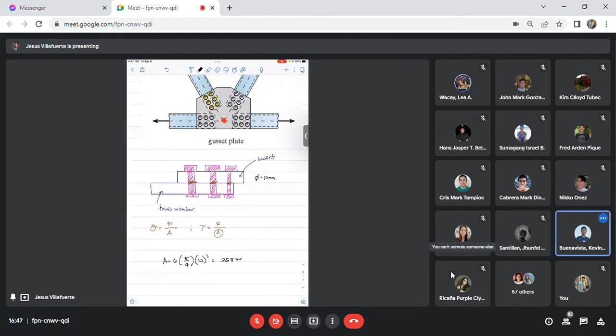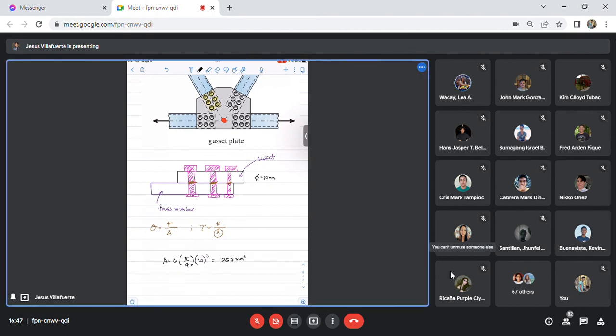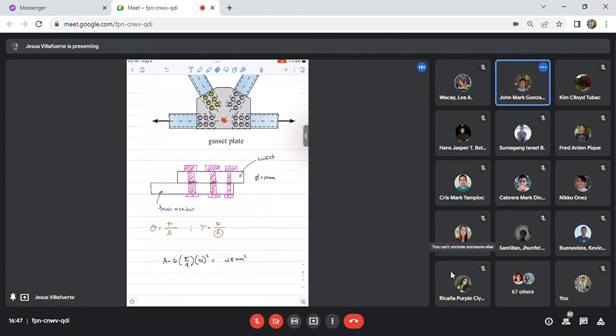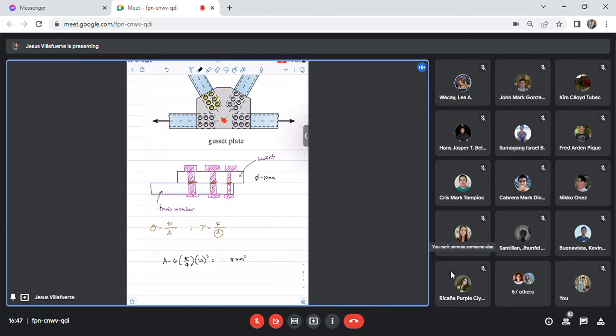Oh, there are 6 bolts, so times 6. So 150 pi.